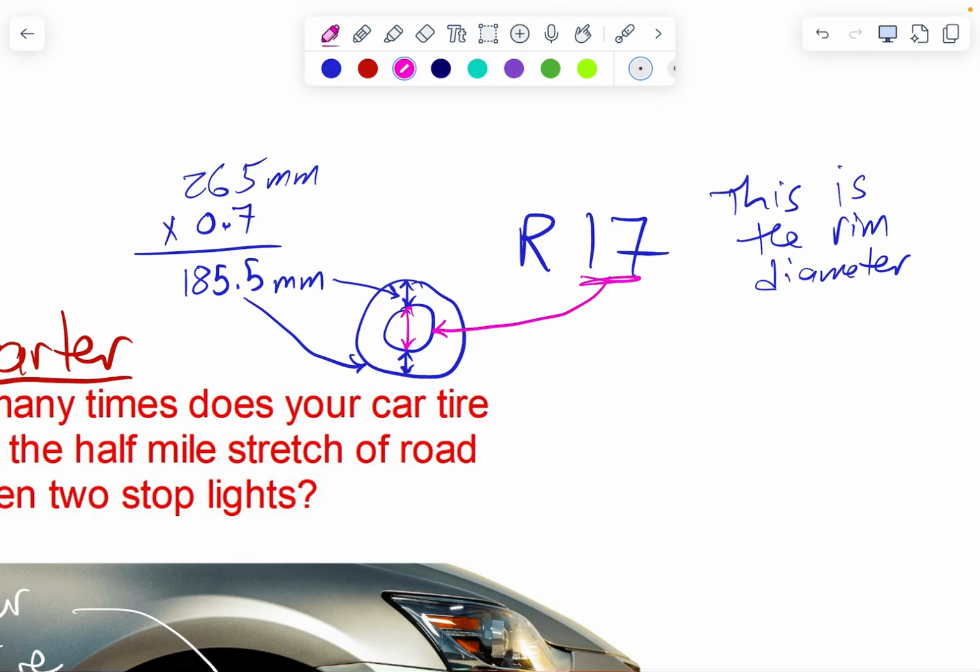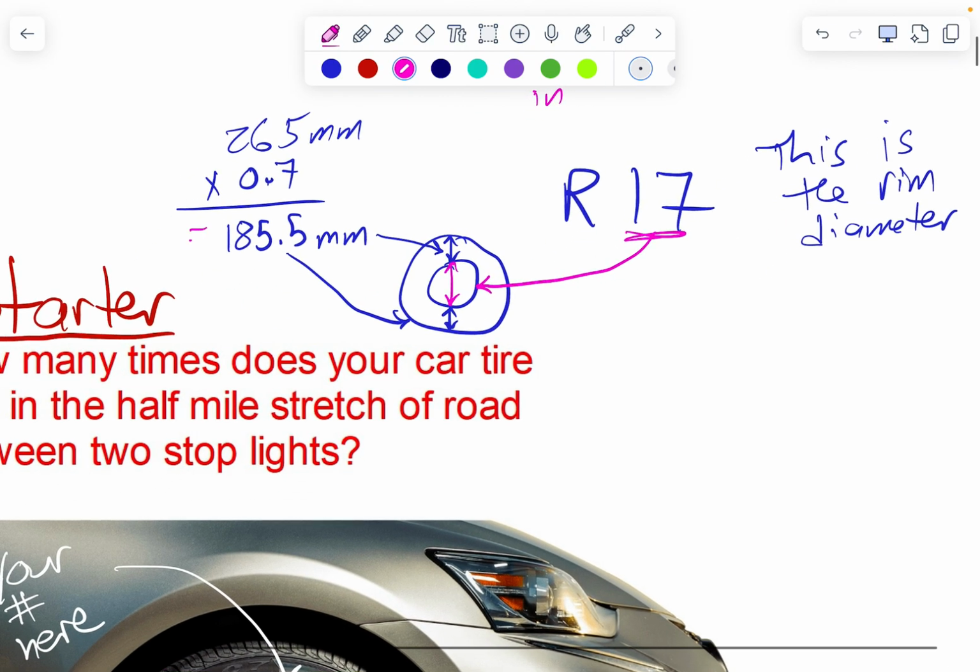How do you convert millimeters to inches? Well, these are things you guys should know. There are 25.4 millimeters per inch. So go ahead and convert that. How many inches is 185.5 millimeters?